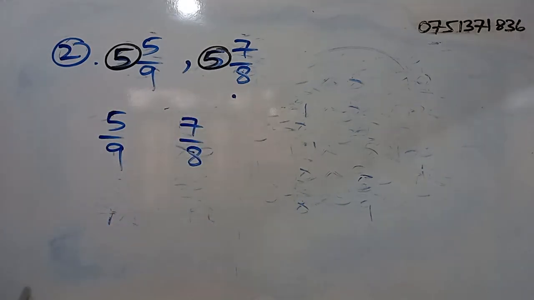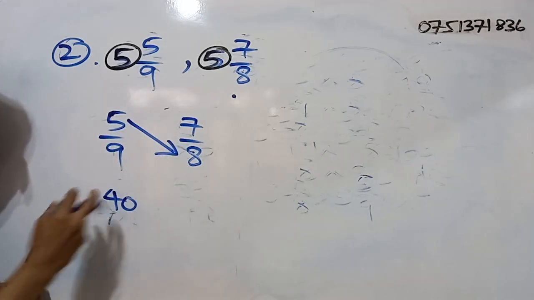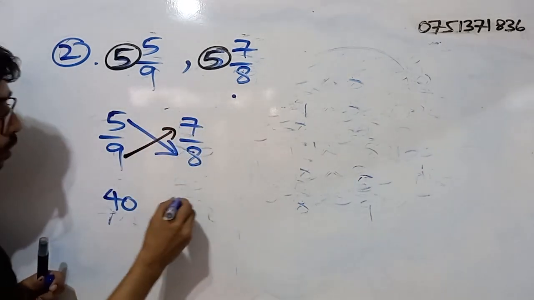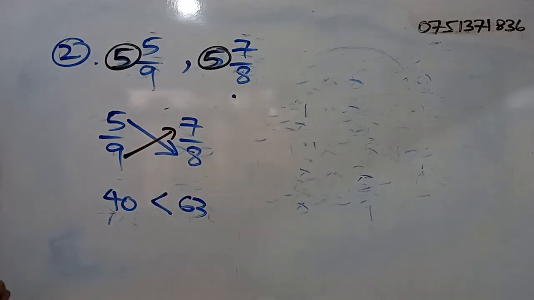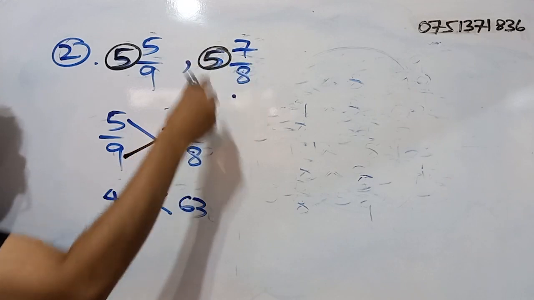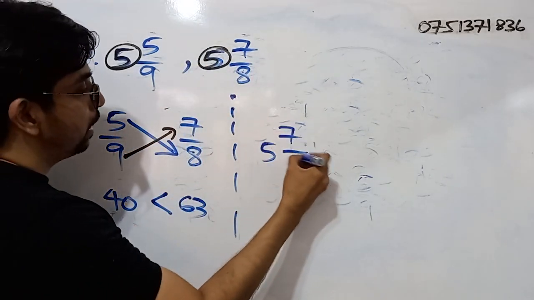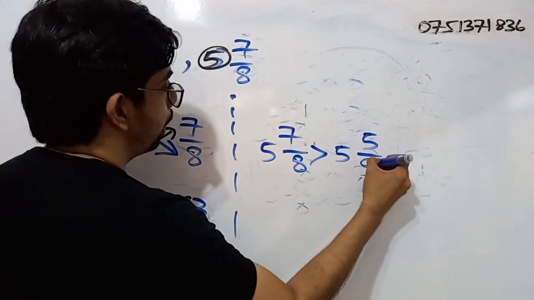Then what do we have to do? 5 multiply that by 8, so we get a 40. Then 9 multiply that by 7, so we get what? 63. 63 is larger than 40, so 63 is written under 7 by 8. That means this fraction is the larger one. So 5 and 7 by 8 is larger than 5 and 5 by 9.